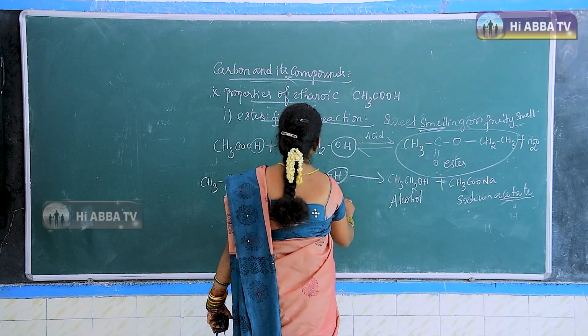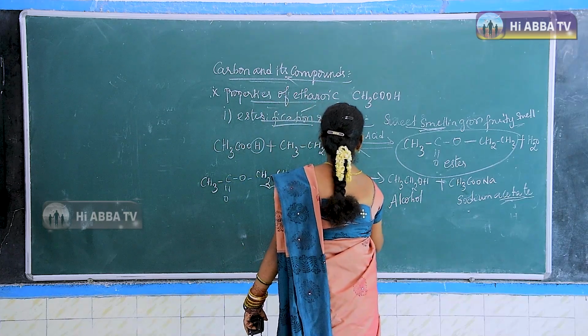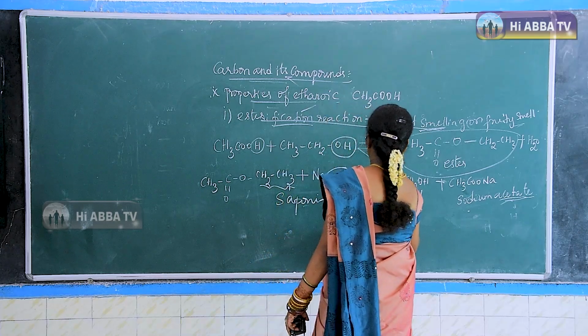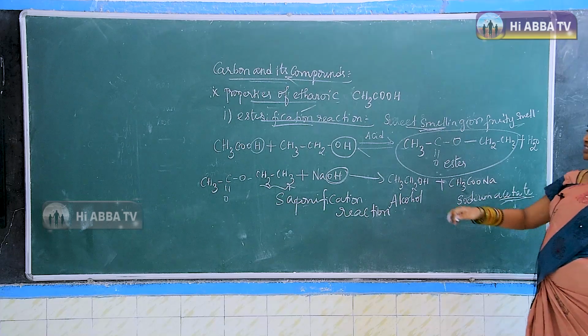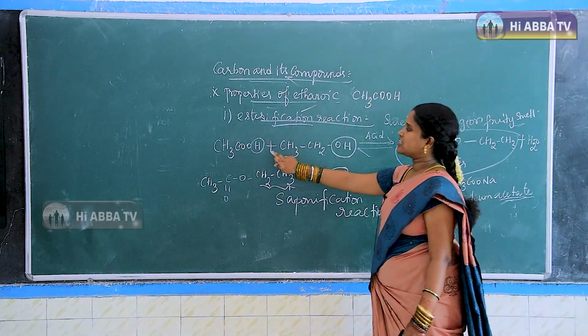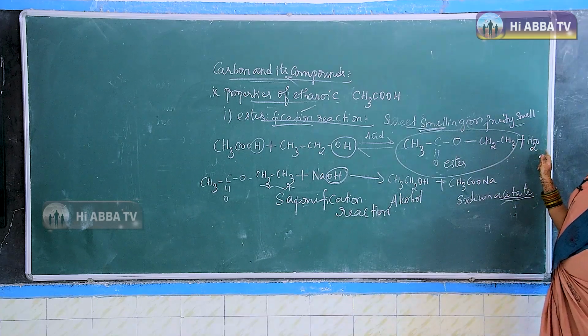Saponification reaction, which is used in soap. It is termed as saponification reaction. Important 3-mark or 5-mark question. When alcohol is reacted with acid, it gives ester plus water.